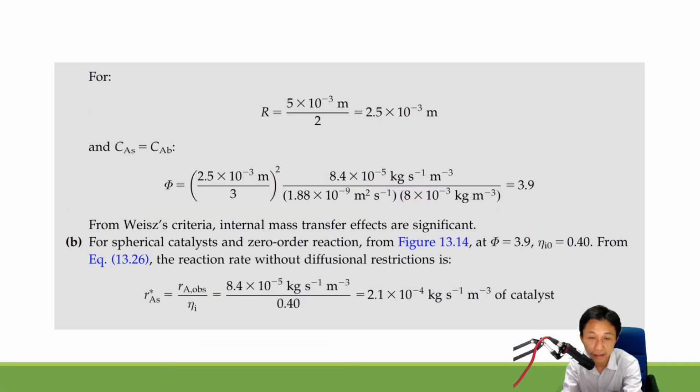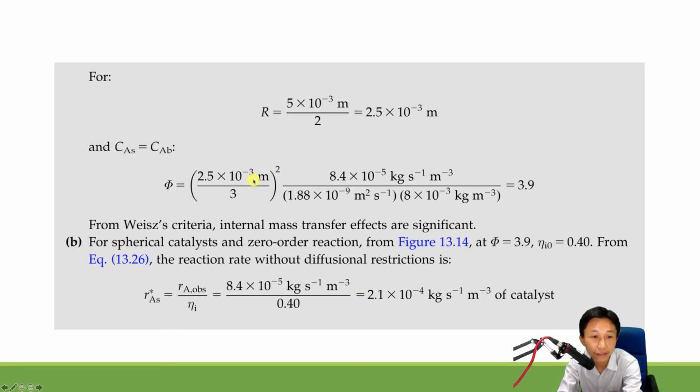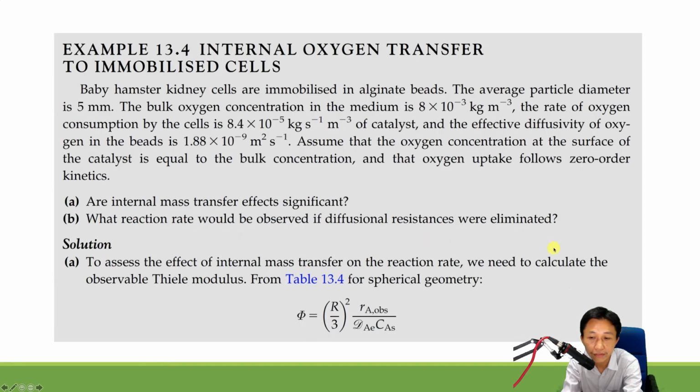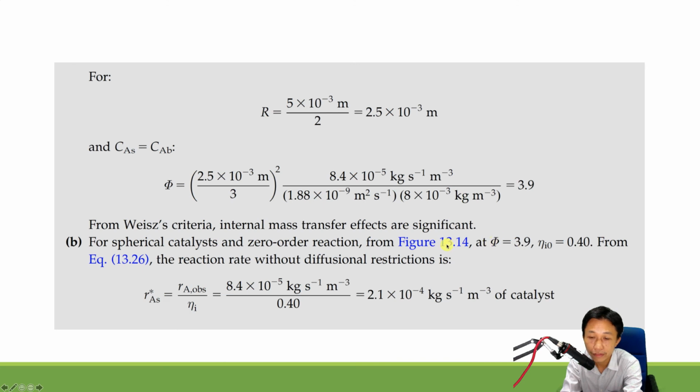And then R is this one, 2.5 millimeter, and we put everything in, and then we have phi of 3.9 for a sphere catalyst. Then we have a look at the figure here.